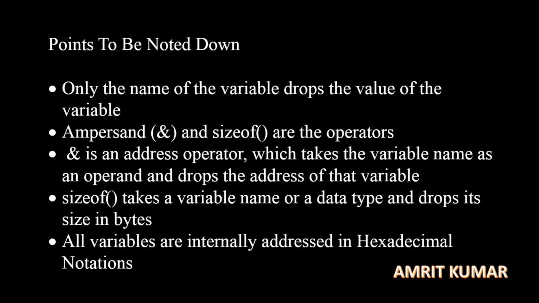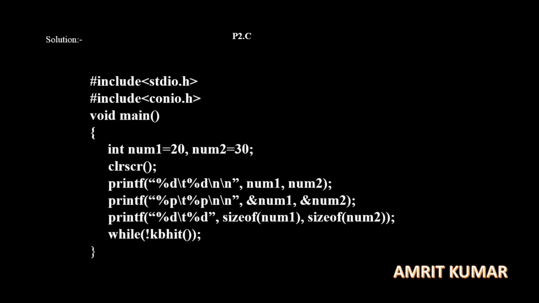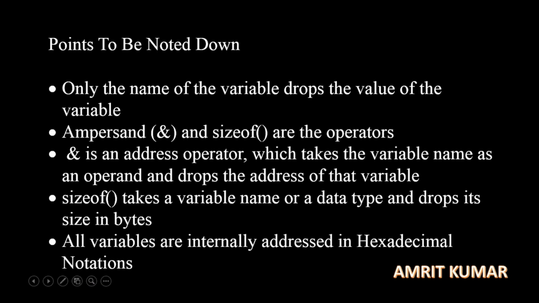The name of the variable is going to be replaced with its value: num1 is going to be 20, and num2 is going to be 30. So here it will print 20 and it will print 30.